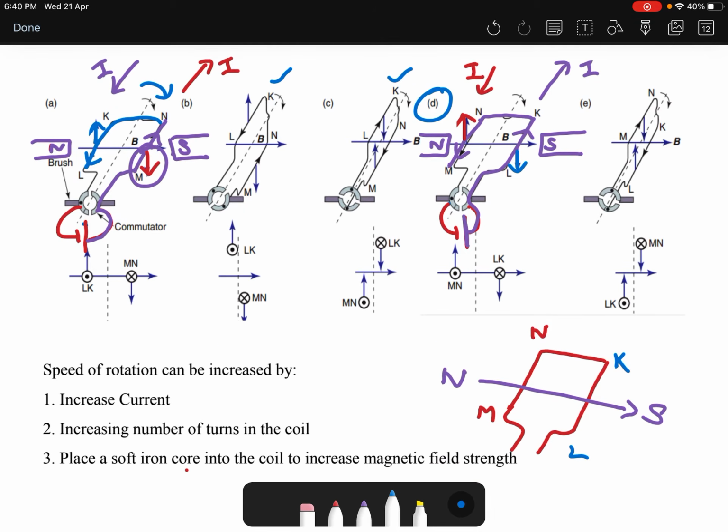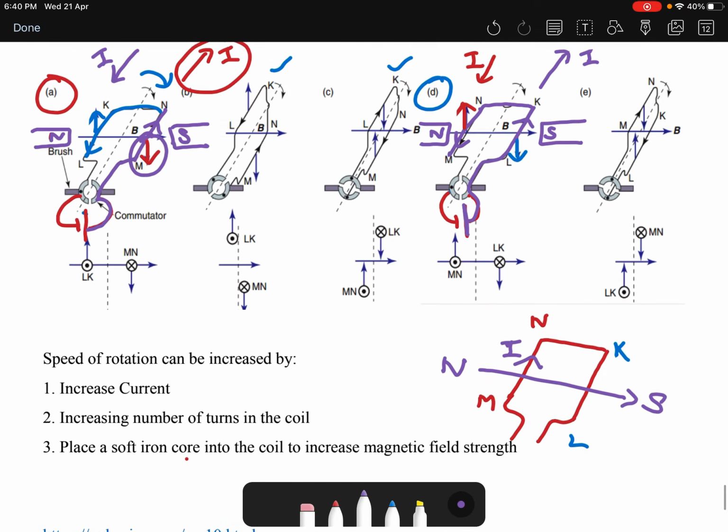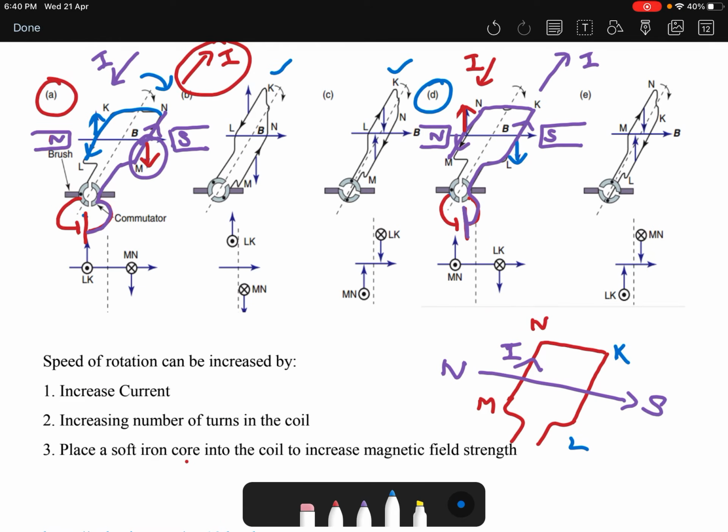If you do not have the reversal of your current, let's just say I compare with diagram A. In diagram A, the current in MN is flowing in this red color. If I put the direction of current as the same, so it's flowing in this direction, and in KL I put it in this form. What you notice is that after rotating, I do not reverse my current.